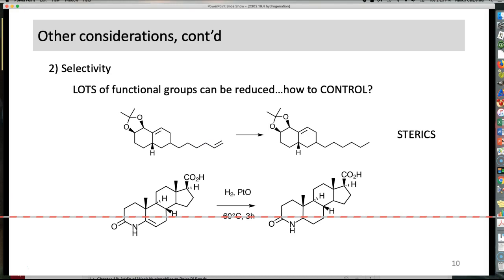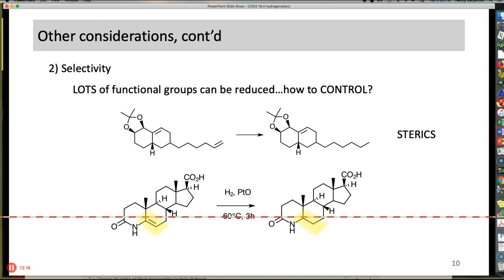How about going from the amide on the left to the saturated amide on the right? In other words, we are taking out, again, that double bond. Well, this is what we saw earlier.